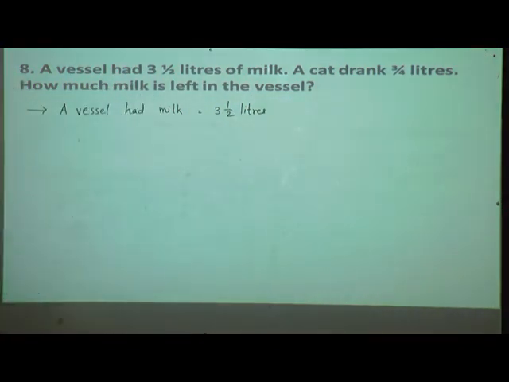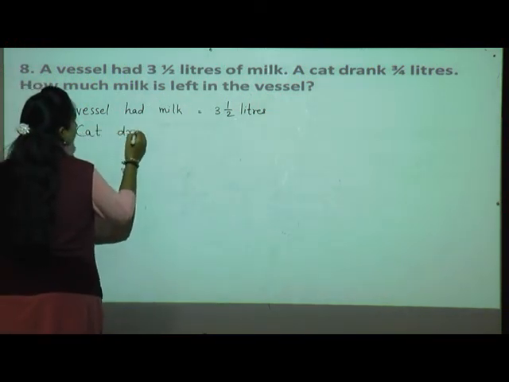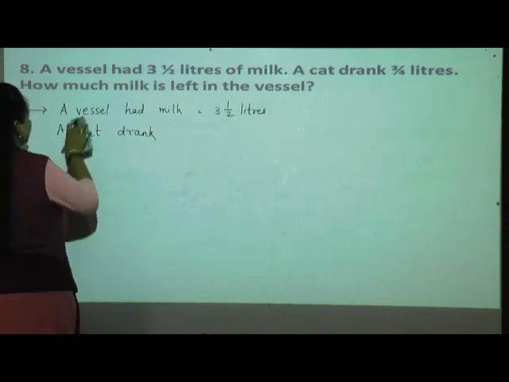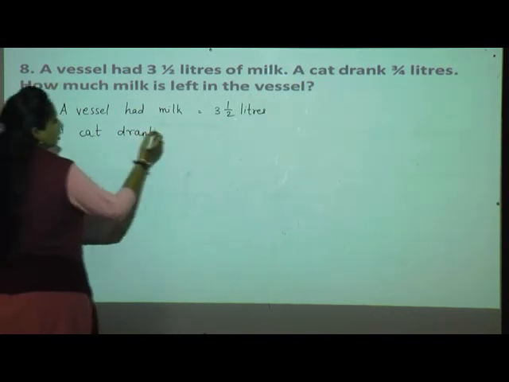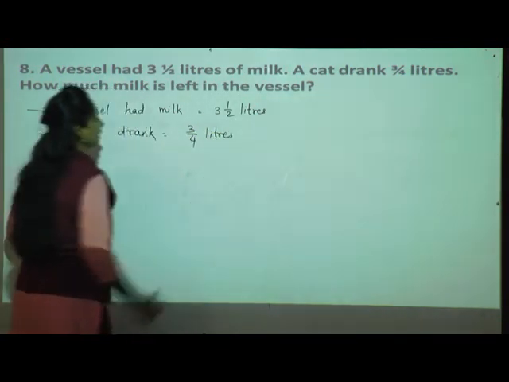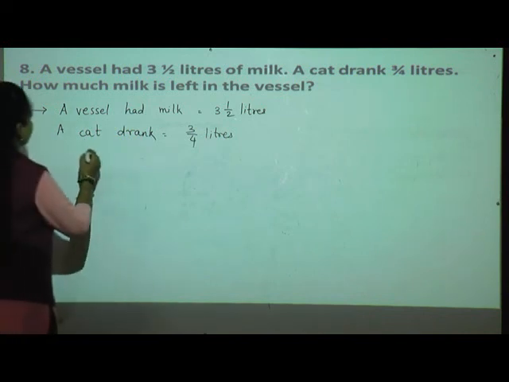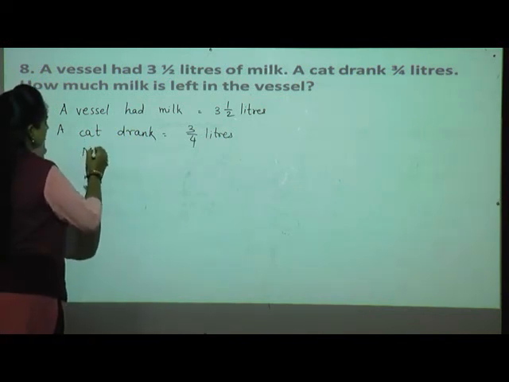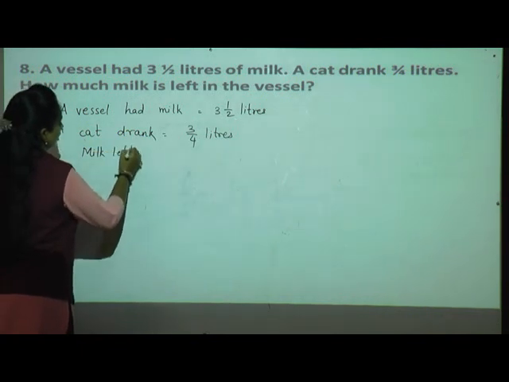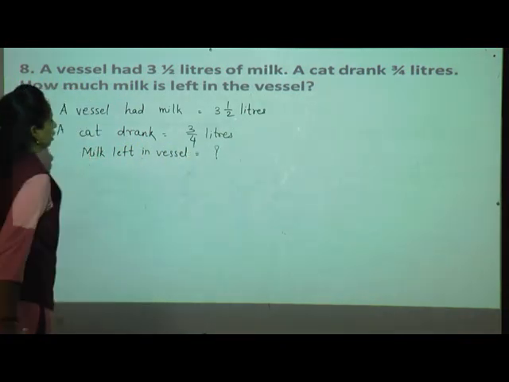And the next given information: a cat drank how much? 3 upon 4 liters, isn't it? So what we have to find out? How much milk is left in the vessel? Milk left in vessel is equal to question mark.